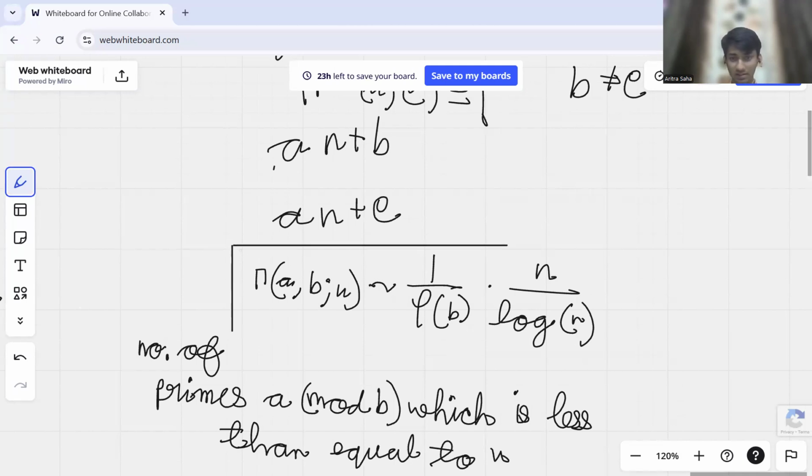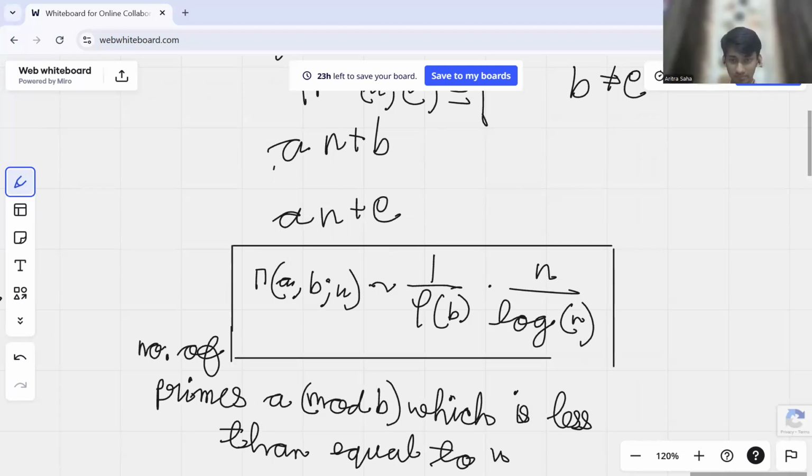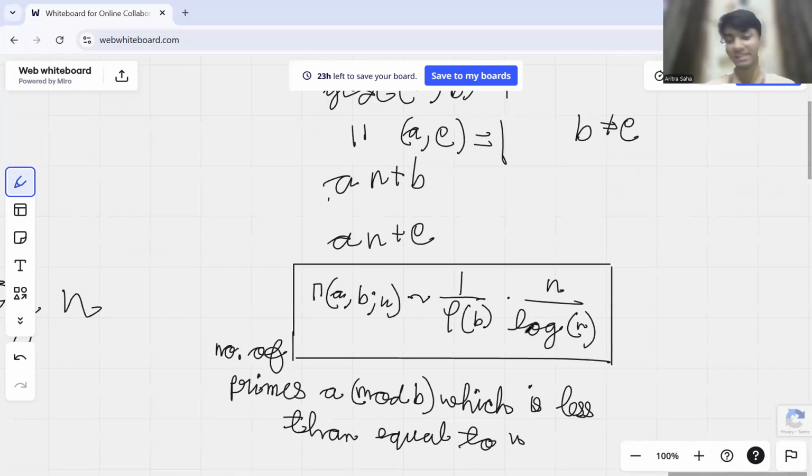Not only is the growth rate the same. Could you repeat this part? Yeah. What I'm trying to say is, if there is a1 mod x and a2 mod x, the number of primes which are a1 mod x and the number of primes which are a2 mod x will roughly be the same. So all the residues which are co-prime will roughly be the same.